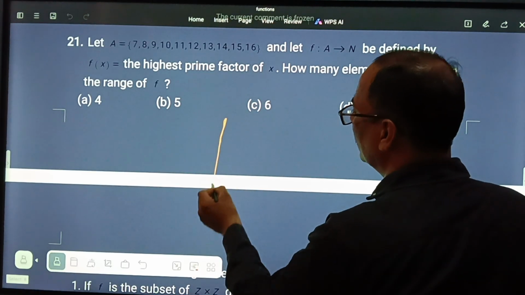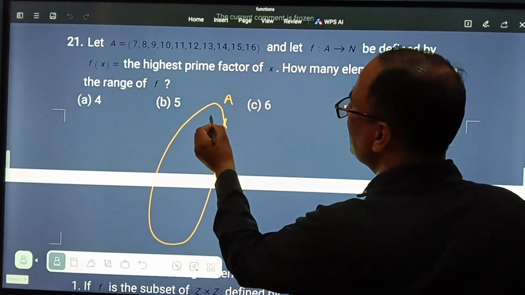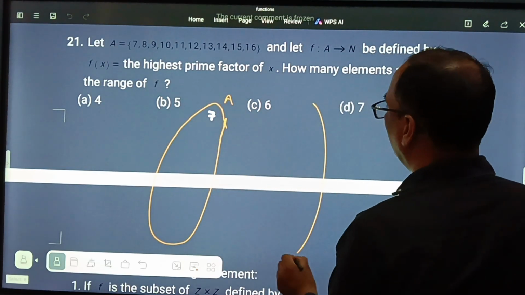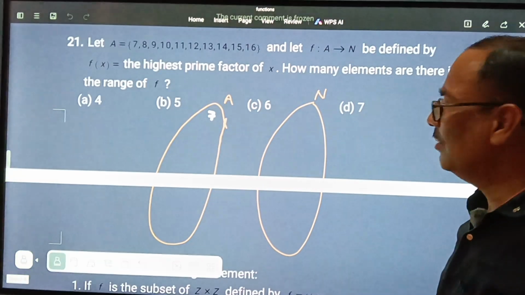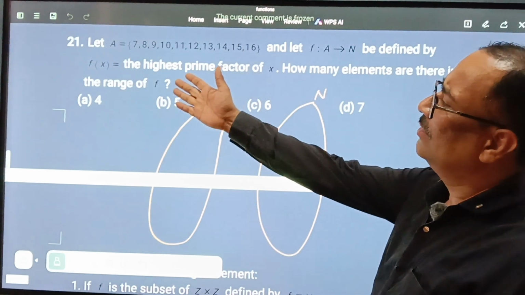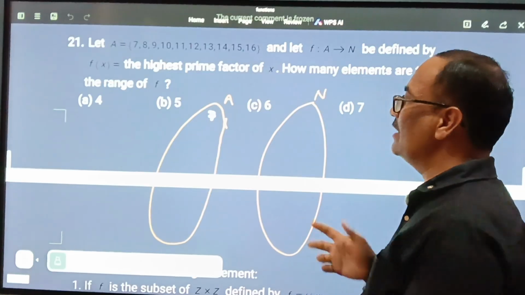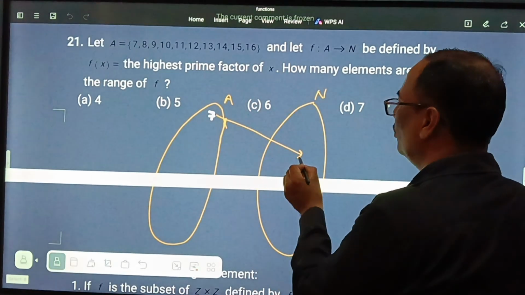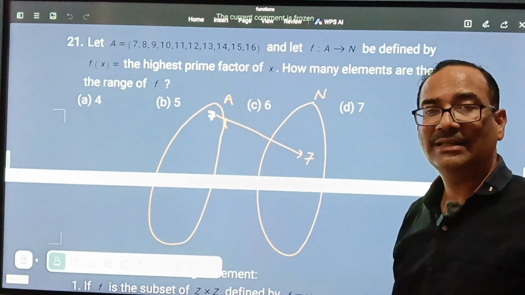So think about this. This is our set A containing 7, and this is our set of natural numbers, that is all the natural numbers 1, 2, 3 and so on. So we have to find the highest prime factor of this 7. 7 is itself prime, so its prime factor is 7 itself.